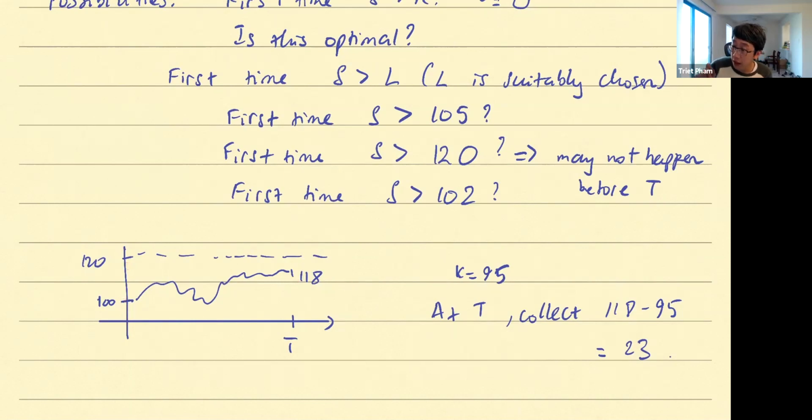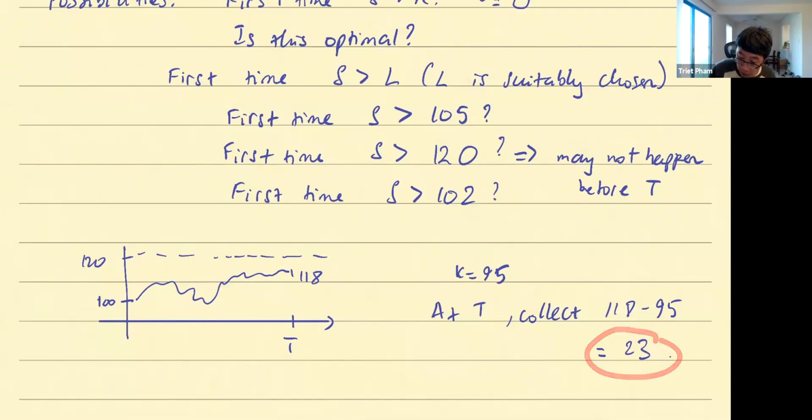But on the other hand, I would say that because of that, the exercise time should be big T, because you should not throw away the option. It's not worthless. It's still worth something.